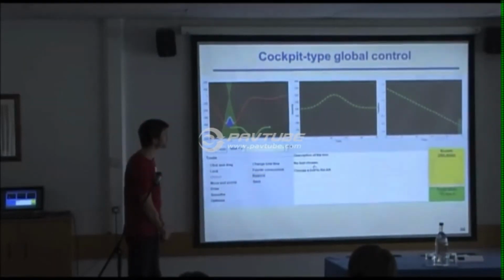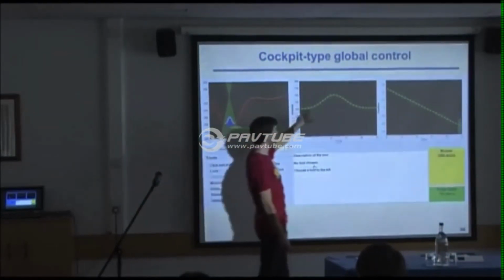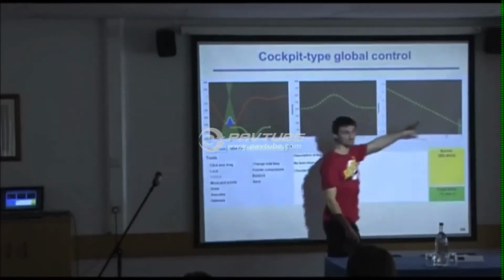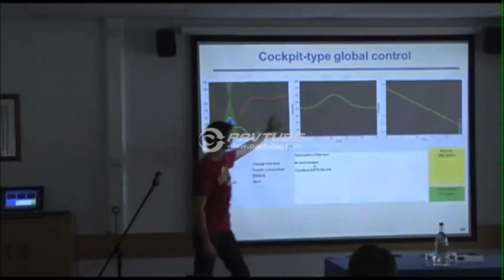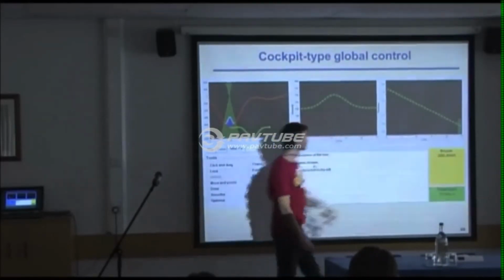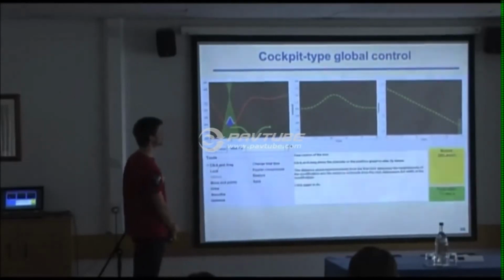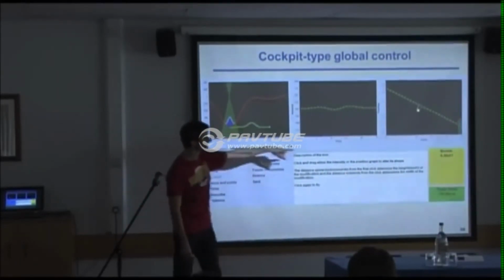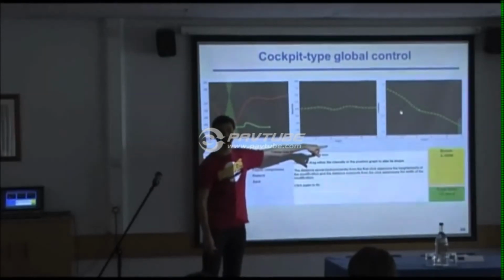I would play this game here, where you see the intensity as a function of time, and you see the amplitude as a function of time. And now I want to manipulate this here, and then get the score updated live, right? And that's what this sort of cockpit type panel will do for you, where you can globally manipulate the total path, and you always see a live update of your score here.